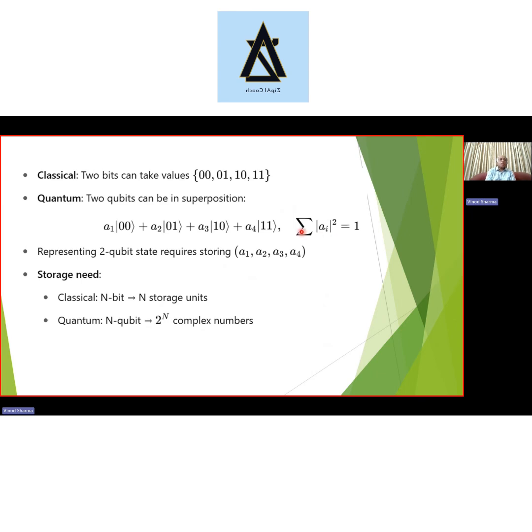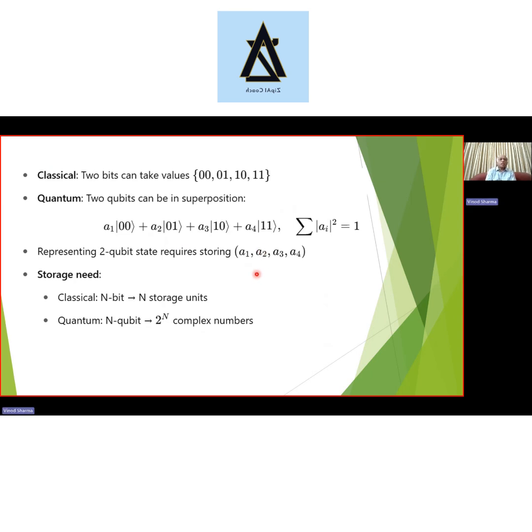This represents a state of 2 qubits. To represent this state, you can store the numbers A1, A2, A3, A4. Once you know that, we know uniquely what state it is in.